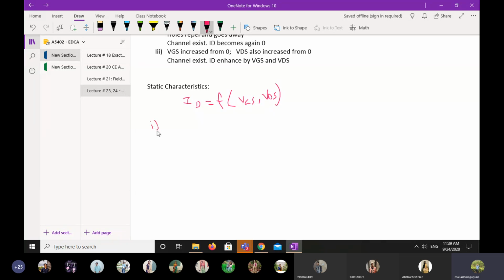So the first characteristic is VGS versus ID, by keeping VDS constant. These characteristics we call the transfer characteristic curve.